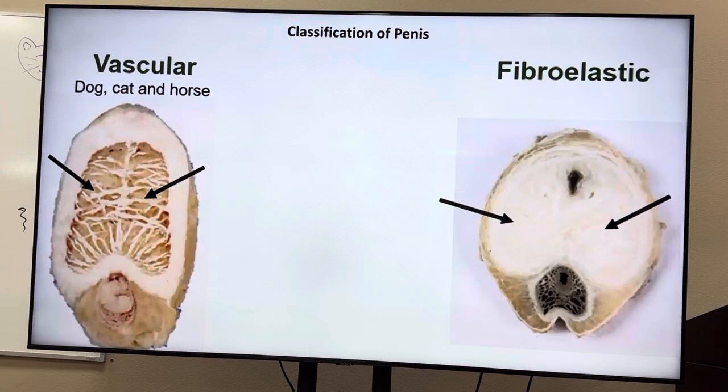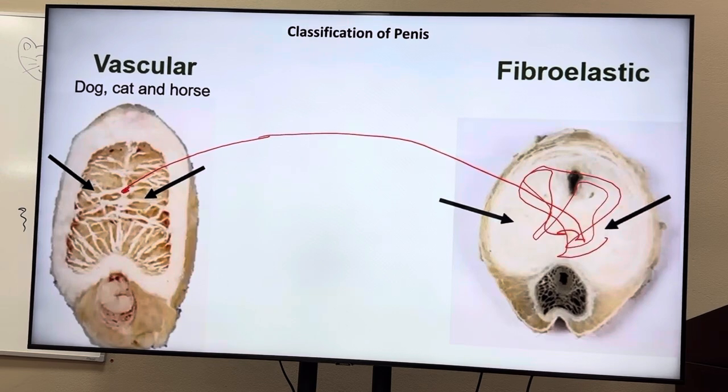The fibroelastic type of penis, this erectile tissue that we have seen here is what we have occupying almost every connective tissues.